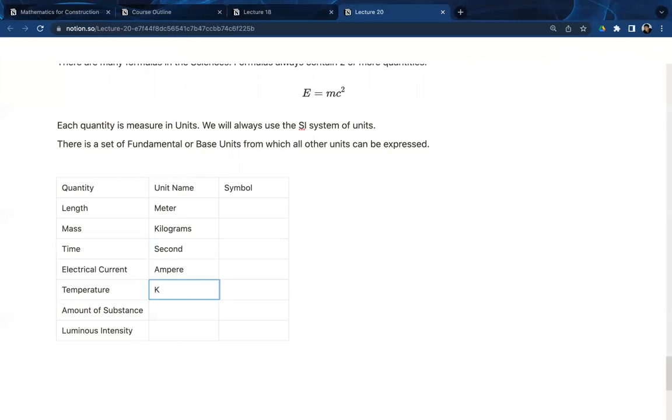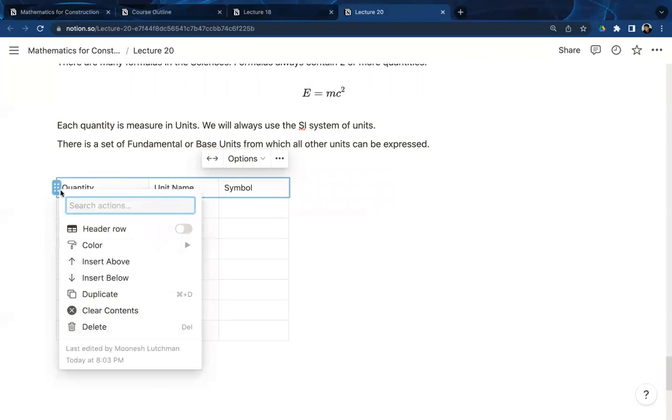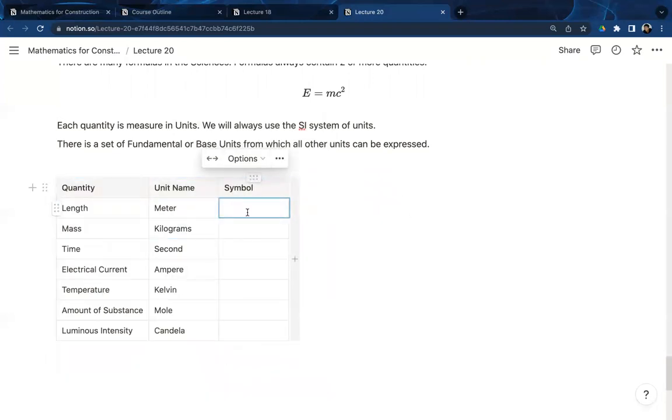Temperature is usually measured in Kelvin. These are the SI units. Mole is the amount of a substance. And luminous intensity, candela. And these units have very specific definitions, based on their ability to be easily measured, right?